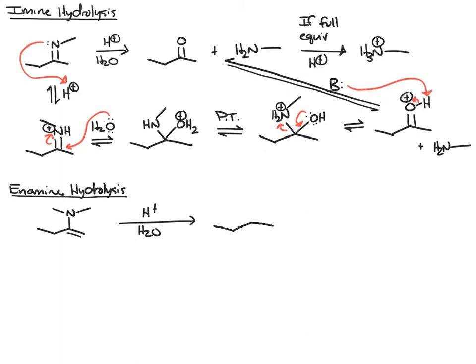So you lose that alkene, and the carbon bonded to the nitrogen is double bond O. And then the nitrogen group comes off, and you just add one hydrogen to it. So that hydrolyzes, in this case, to a ketone and secondary amine.